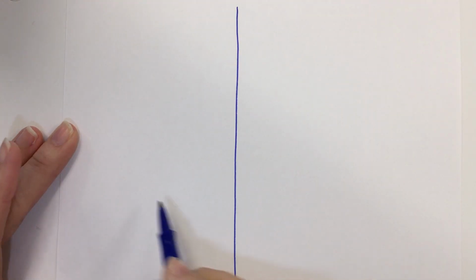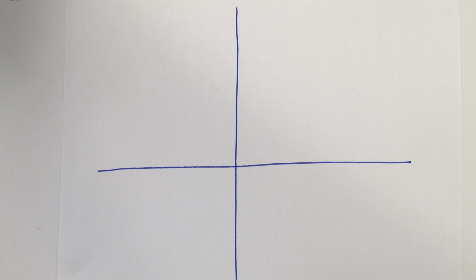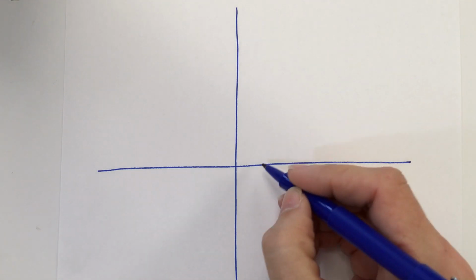Okay, so to graph it, what you're going to need to do, of course, is put in your asymptotes and put in your points that you have found. So I have a vertical asymptote at 2.